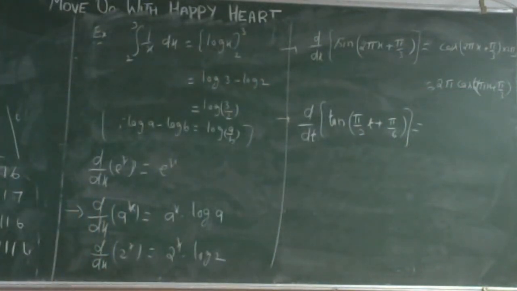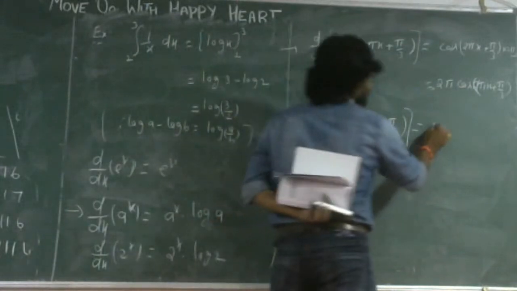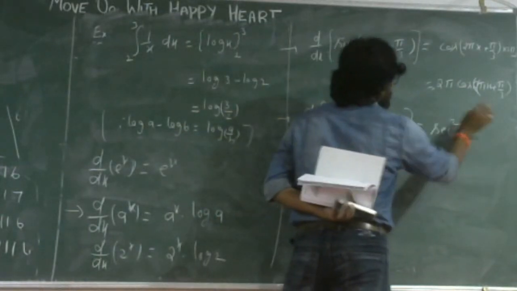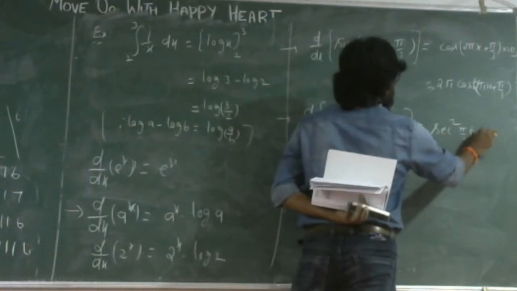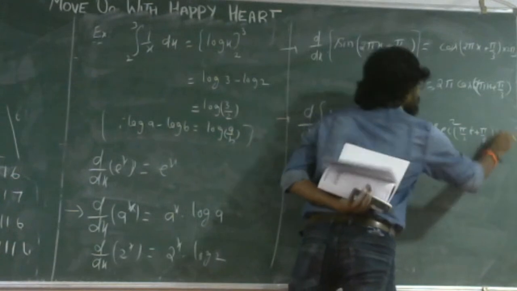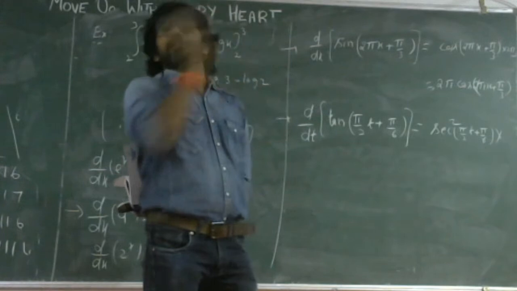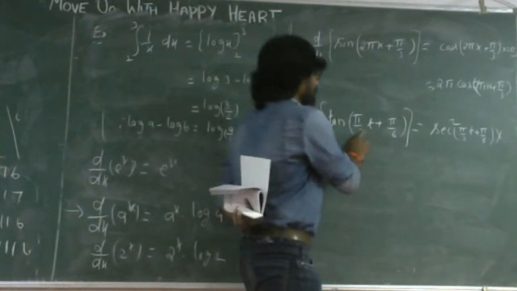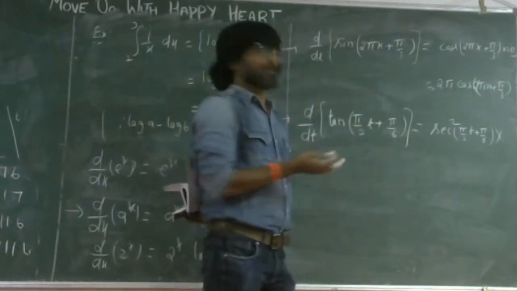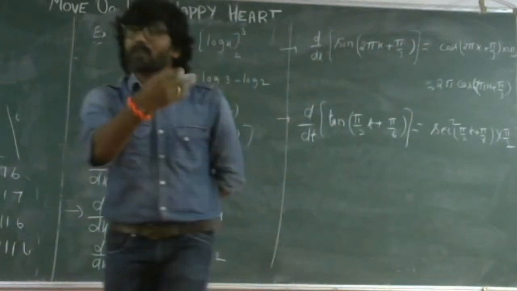Differentiation of tan is? Right, blindly, secant square of the entire function first. So it is equal to secant square of pi by 2 t plus pi by 6, then into the differentiation of the inside function with respect to t. So pi by 2 plus this, for which it is 0. So into pi by 2. Or pi by 2 into that.